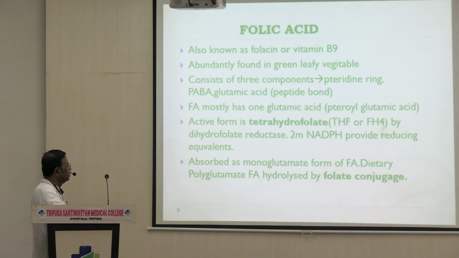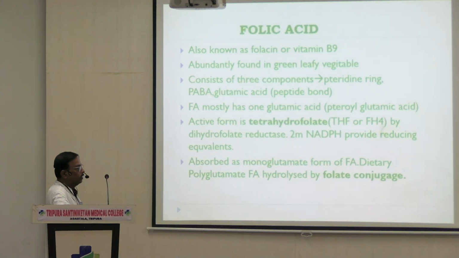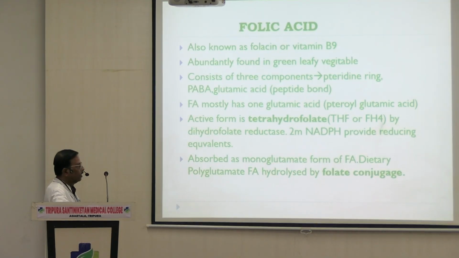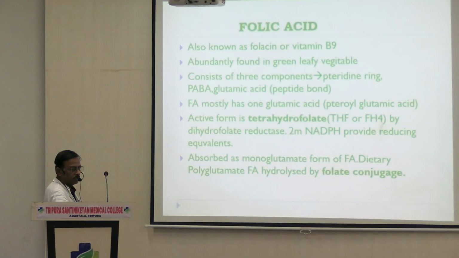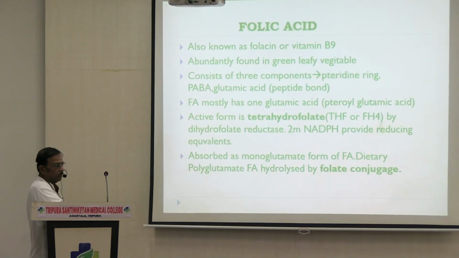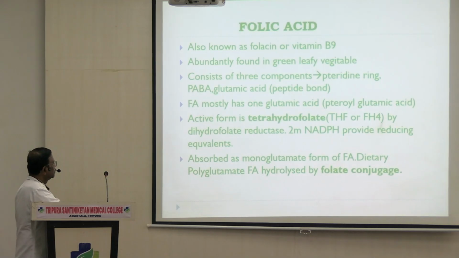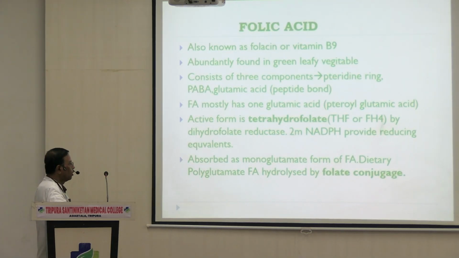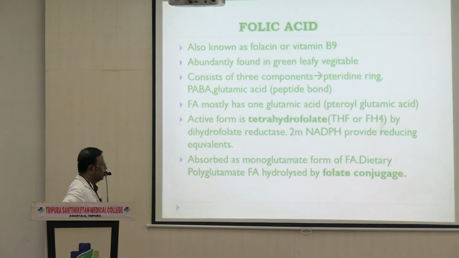NADPH provides reducing equivalents. In niacin metabolism we have mentioned some reactions where NADPH is used for synthetic activity. So this is one of the reactions where NADPH is used for synthesis of tetrahydrofolate. It is absorbed as monoglutamate from the food.